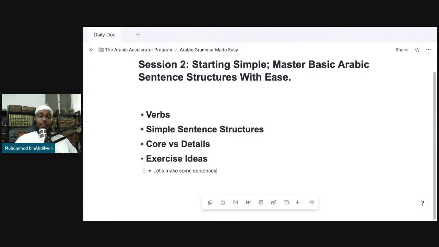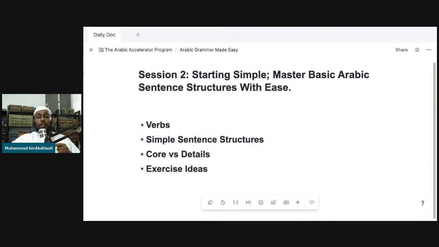I'm going to put them on the screen for you, and I'm going to say to you, there you go. I've given you the instructions. Now make us some sentences. And inshallah ta'ala, you will be amazed with what you'll be able to do after the end of this session. Because if you're a total beginner, which I think most of you are, it could be that you have absolutely no idea where to start when it comes to sentence structure, right?